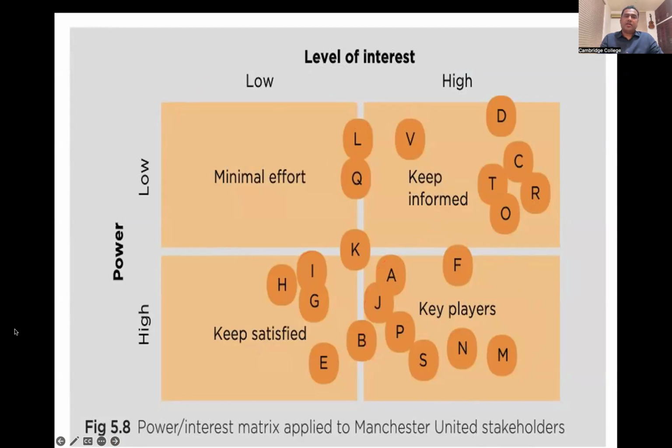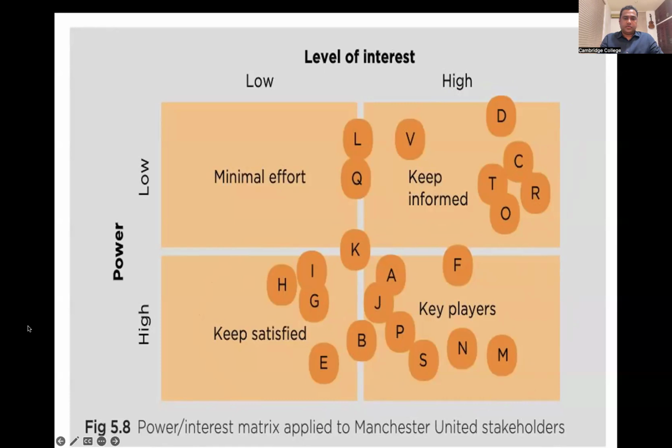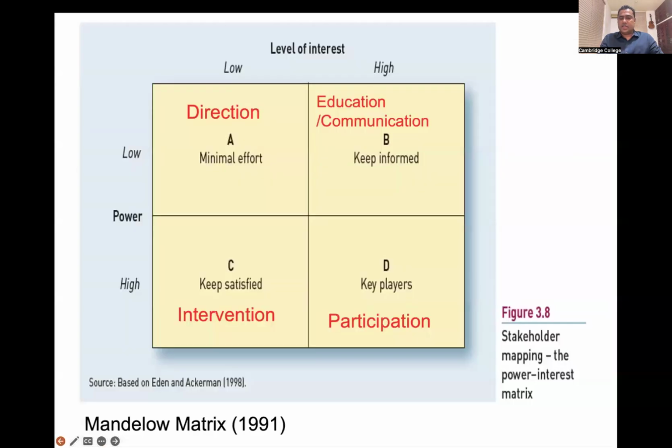High power, low interest: keep them happy, keep them satisfied. And low power, high interest: keep them informed. But the key stakeholders, the key players, those you need to manage very, very carefully. Right? So that is the Mandela matrix, also known as the power and interest matrix.